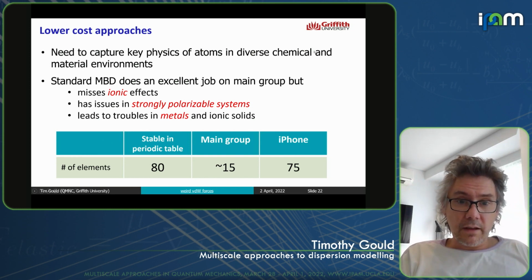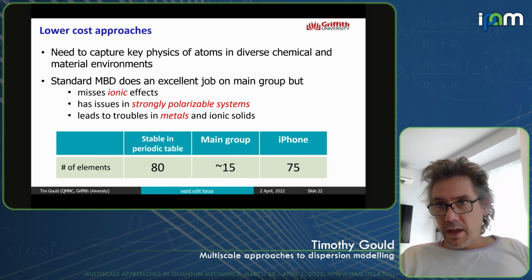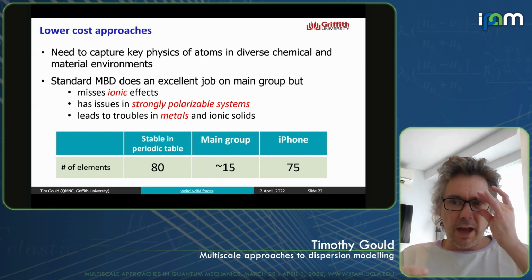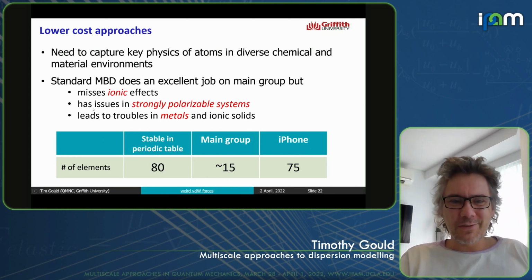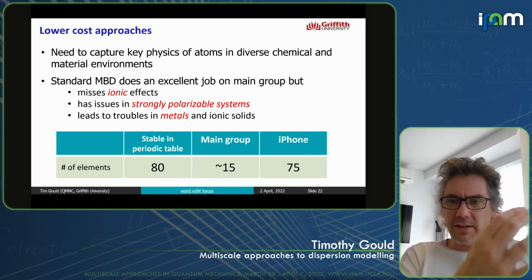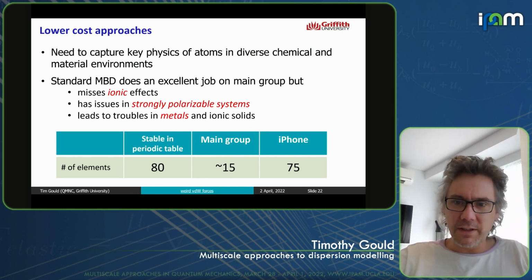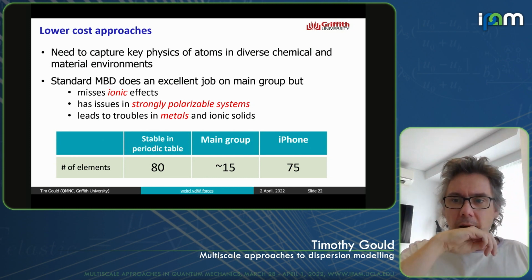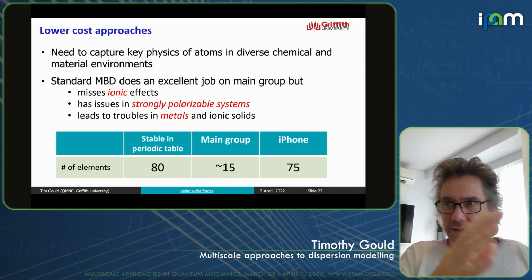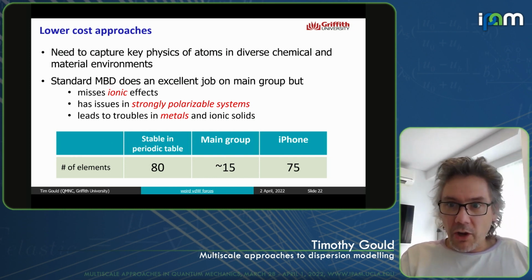And some of these are problematic, so you have ionic effects in there often, you have ionic crystals, but you have partial ionicity and all sorts of things in there. These are often strongly polarizable materials, and in some cases, the reason these materials are interesting is because they're strongly polarizable. And of course, we do worry about metals, and sometimes these are real metals, gold nanoparticles. That's pretty metallic.